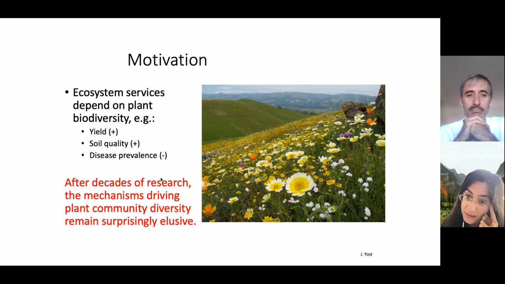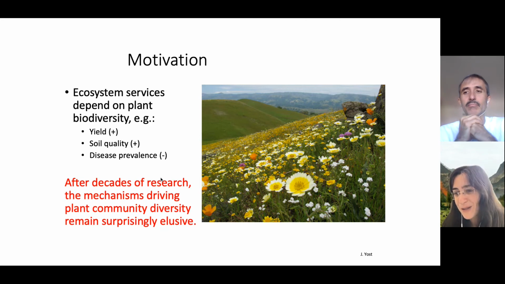This can have important impacts for people because biodiversity is connected to yield and to soil quality, but also inversely to disease prevalence. And after decades of research, the mechanisms driving biodiversity in general and plant community diversity are actually not so clear. A lot could be said about this, but there's no time, so I leave it there for biodiversity.